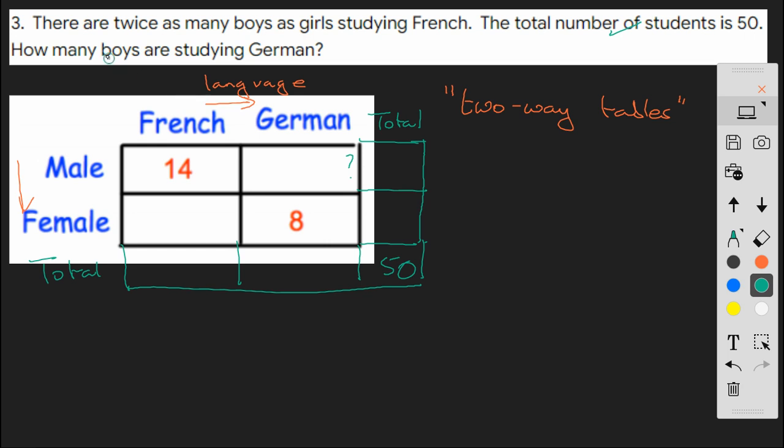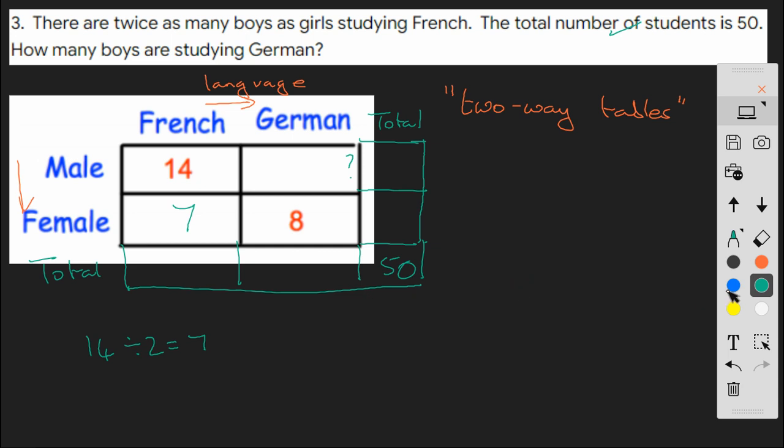So what's our first sentence here? There are twice as many boys as girls studying French. Well, studying French is here, and 14 is twice as many as whatever this number is here. Well, if 14 is twice as many, then this number is half 14. Half of 14 is 7. So this number here must be 7.